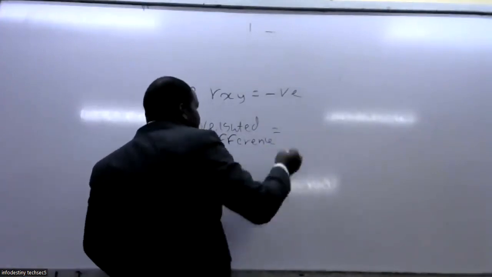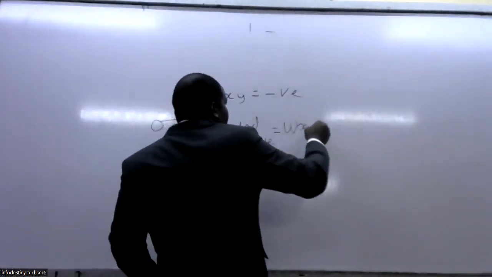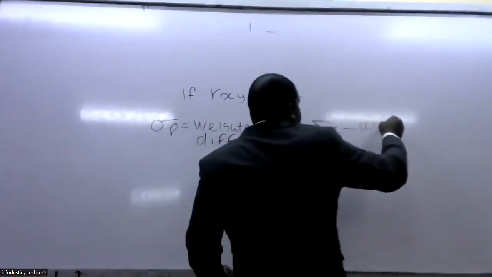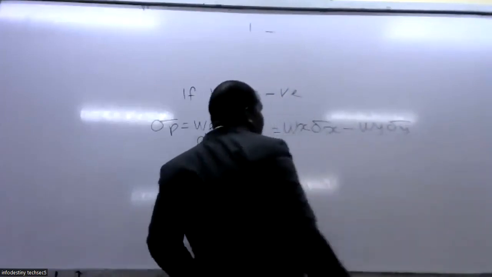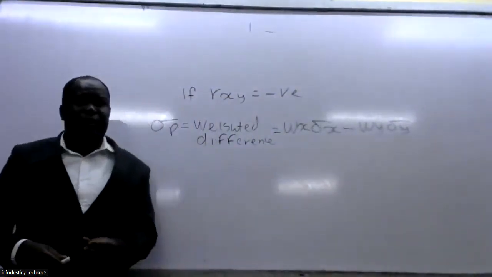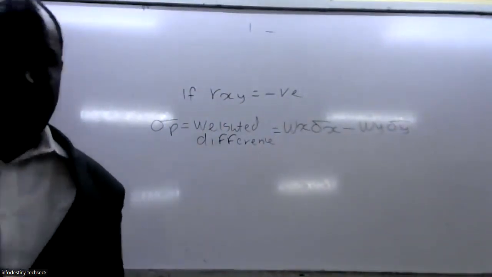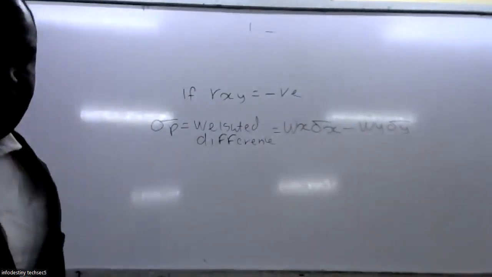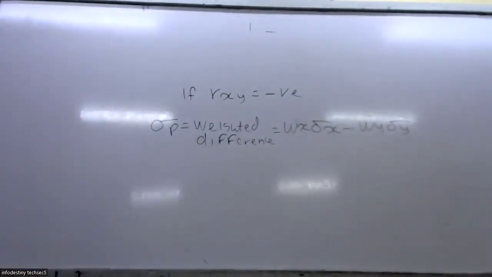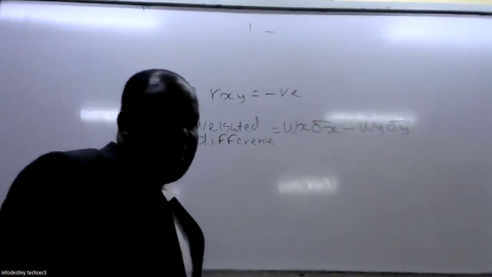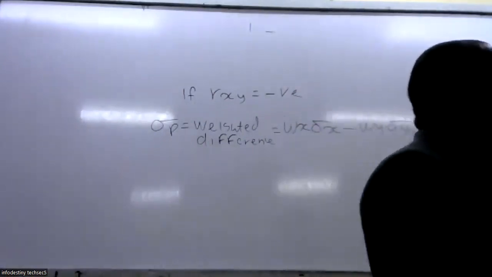Whereby you take the weight of X and the standard deviation for X, but you subtract the weight of Y and the standard deviation for Y. So if it is negative, we shall be subtracting. But this question was positive, so we cannot calculate this part.